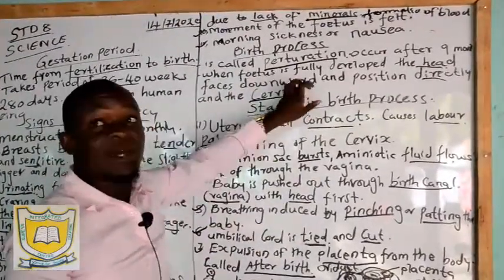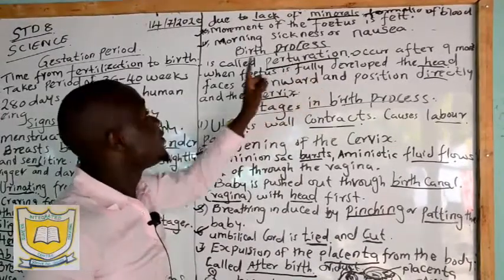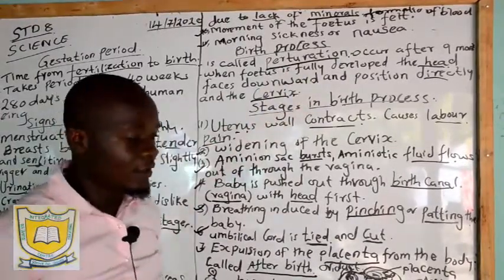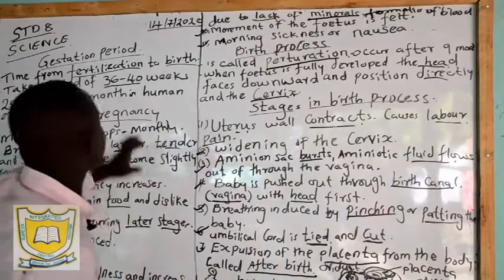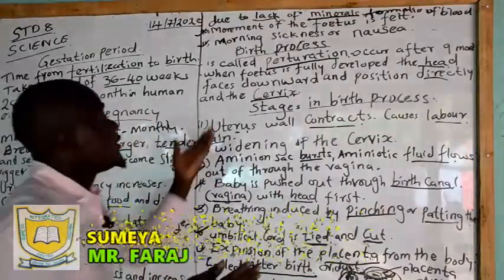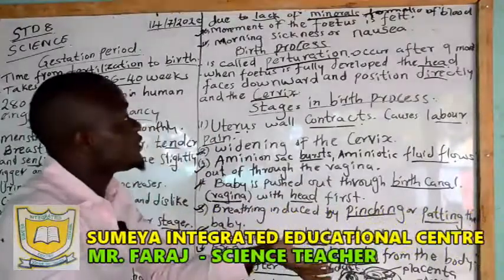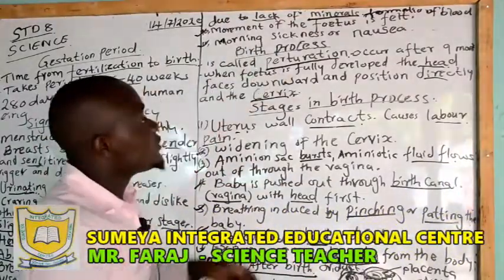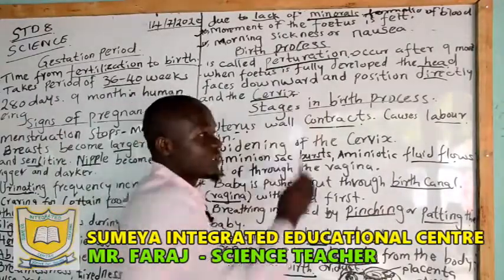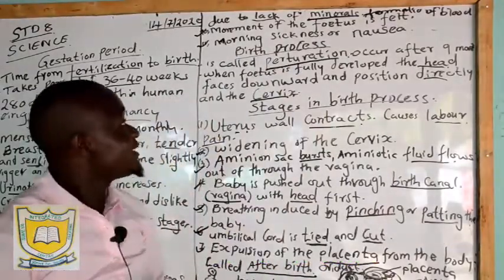The second part, we are going to talk about the birth process, because even if we discuss gestation, it doesn't stop there. The baby or the fetus has to be taken outside to the world. This birth process is called parturition.